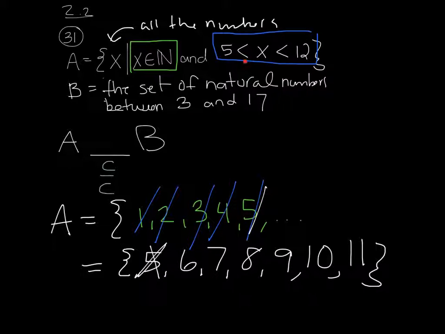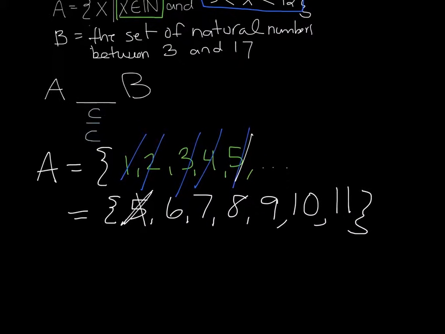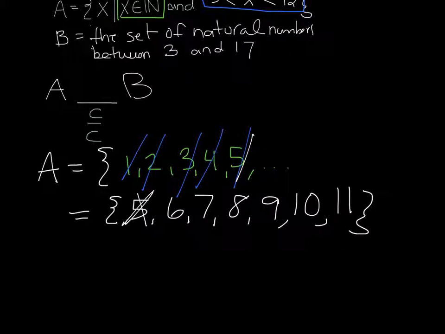If I had a little horizontal bar here, that's my equal sign, then I would include 5, and with a horizontal bar here I would have the 12 in here. So that's what set A is, and for even more practice, it's not even in the question, but the cardinality is 1, 2, 3, 4, 5, 6, so 6 elements.